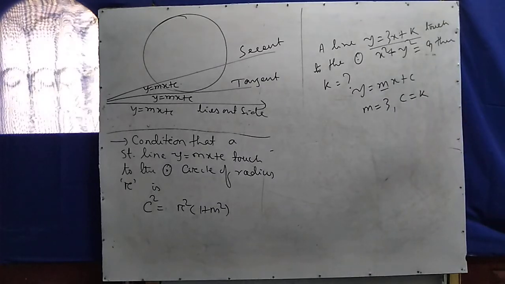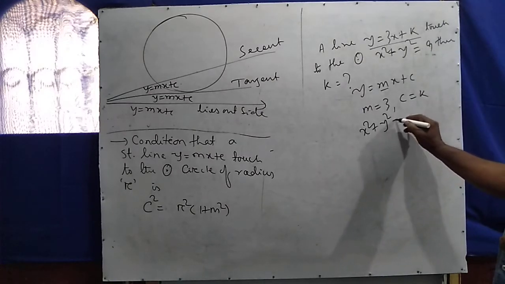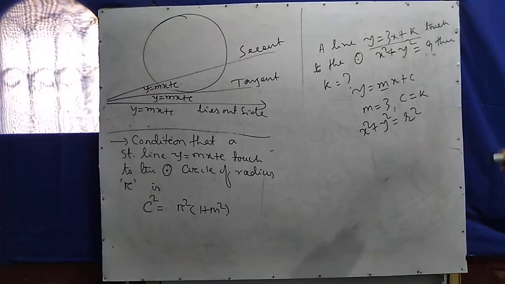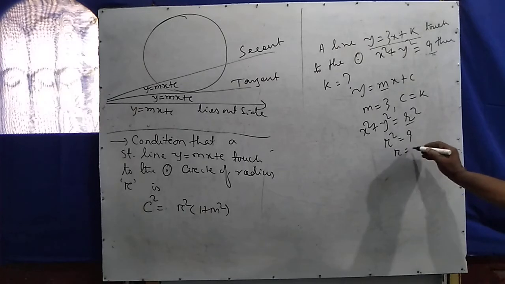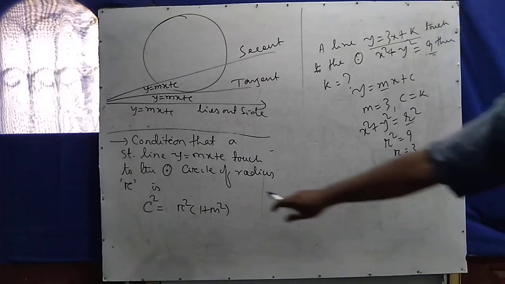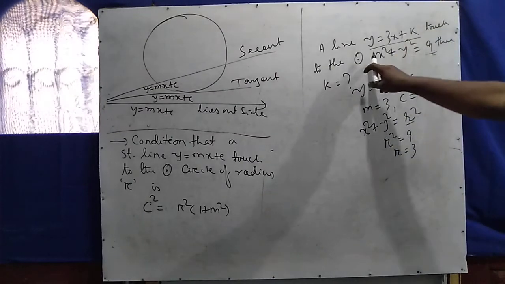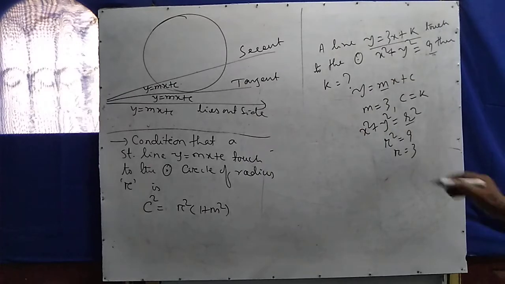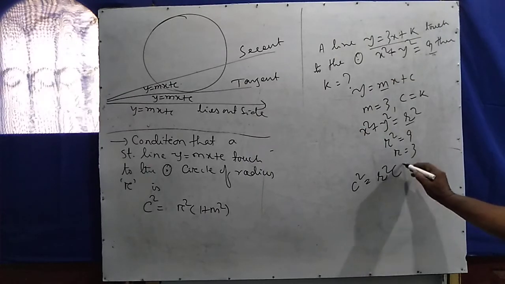Next, the equation of the circle is given as x square plus y square equal to r square. So r square equal to 9, then r equal to 3. So the r value also came. Now put it in this format. It is given that it touches the circle, which means it is tangent. So it satisfies c square equal to r square into 1 plus m square.